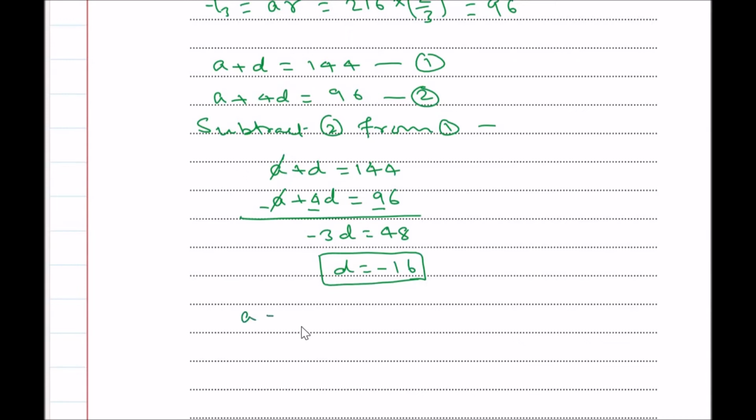So A is equal to 144 minus (minus 16), which gives us 160. So we have A and we have D. A is equal to 160.